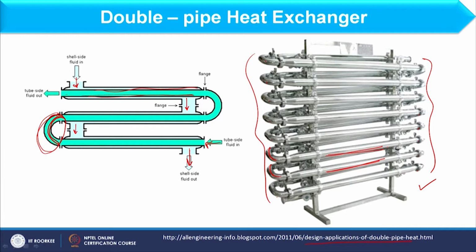To reduce that, we can provide the same heat transfer area with less space by using this hairpin type of structure. Because of that, the hairpins and the number of hairpins along with the length are very important criteria while designing a double pipe heat exchanger. That point we will discuss when we consider its design.